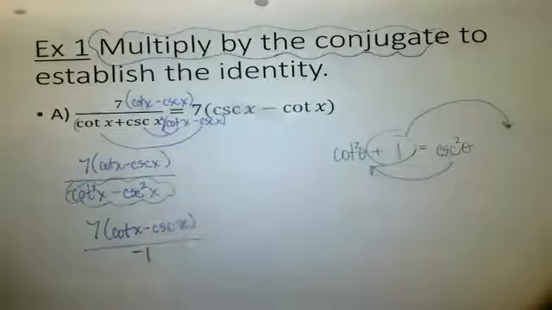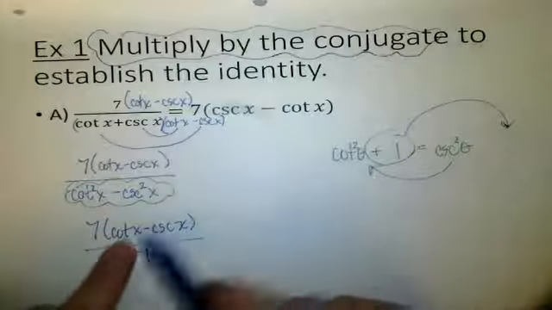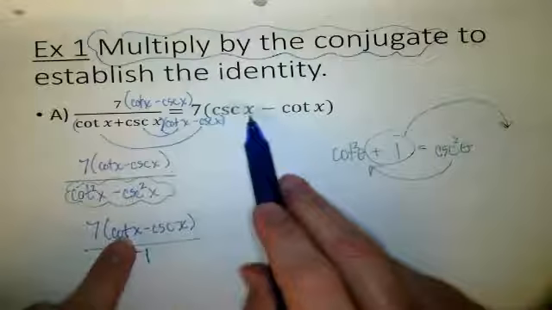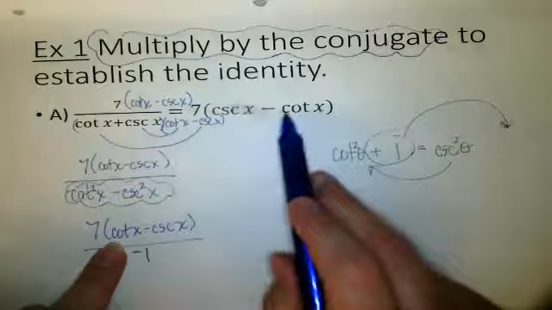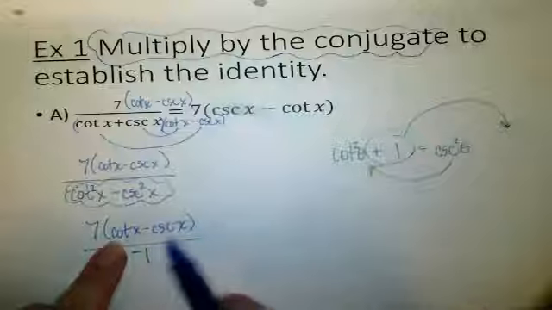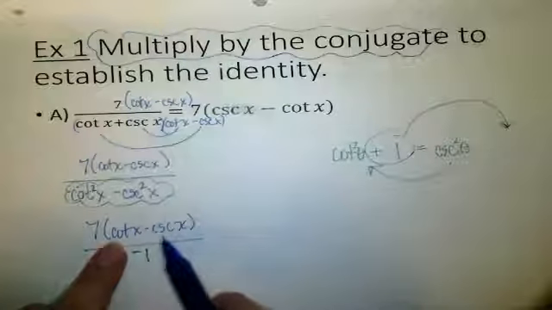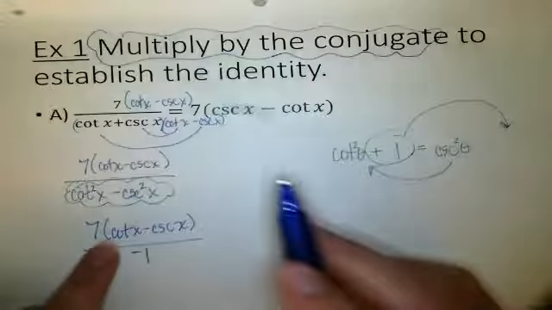Negative 1 is important because what we're noticing here is this is not quite what we want. Here, cotangent of x is first and positive. This one is negative. Cosecant is negative here, and it's positive there, over a negative.